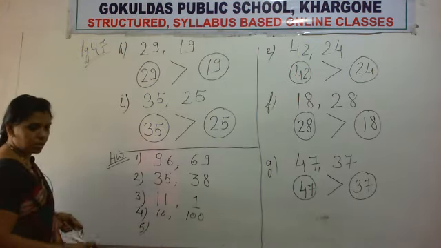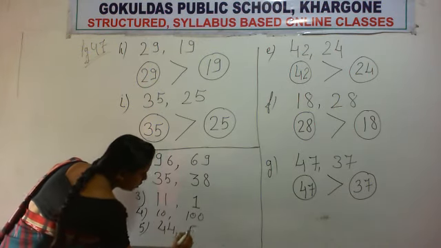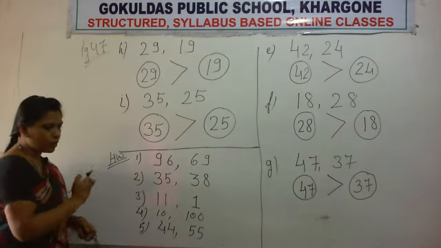Fifth question is 444 and 5555. So these are the 5 homework questions.